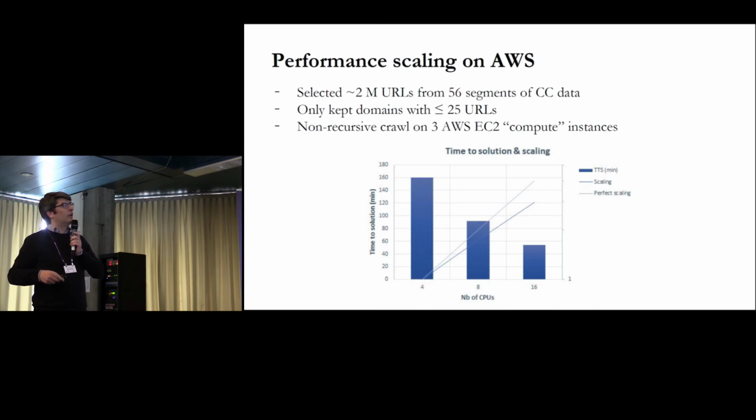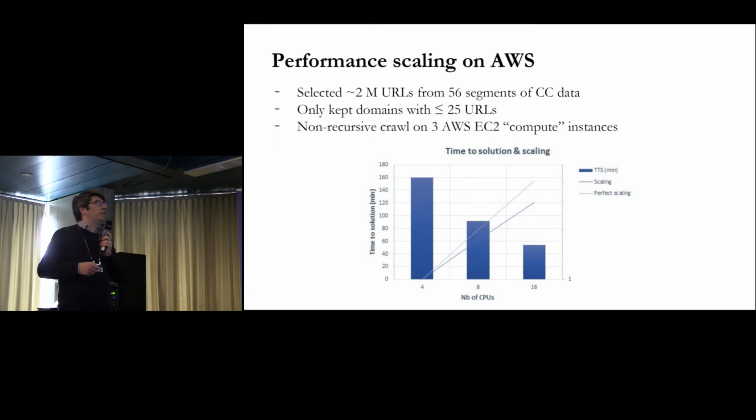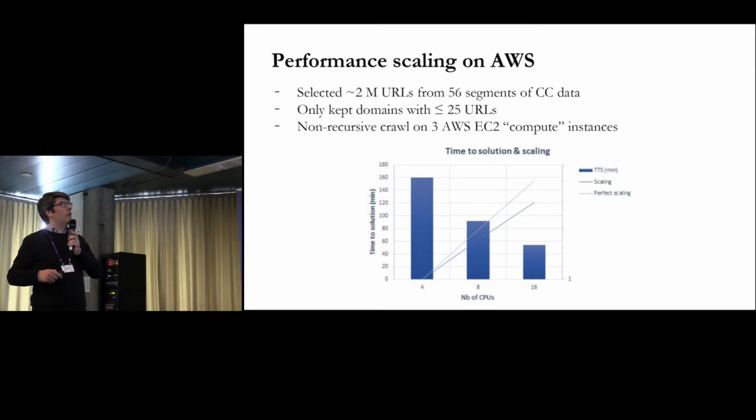Of course, we could improve that. In that case, we just started from a fixed list of 2 million URLs that we visited. This is extracted from 56 segments from the CommonCrawl data, the latest crawl. And to get a nice URL distribution there, we just kept domains with fewer than 25 URLs and discarded all the domains with too many URLs attached to them.